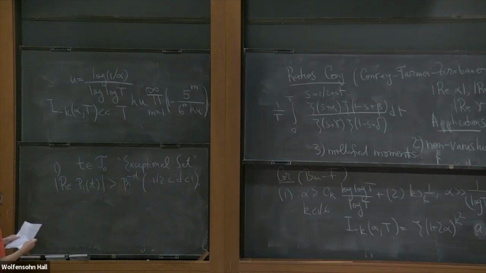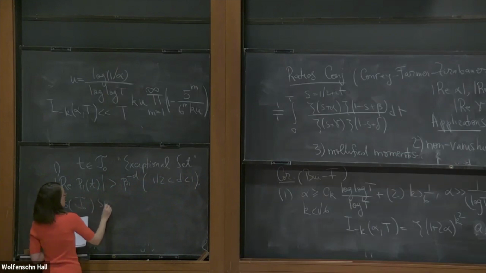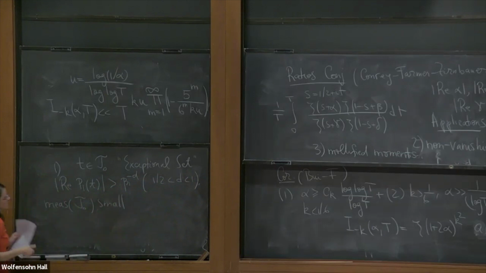So basically what we want to do is the following. We will show that the measure of this exceptional set is small. And this will give us some saving over the trivial bound.